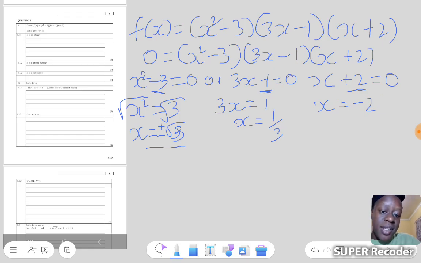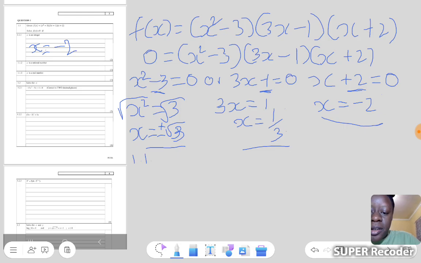This one will be a decimal, and also this one will be a decimal because it's 1 over 3. Then we are left with x equals to negative 2. So our answer for 1.1.1, here x will be equals to negative 2.